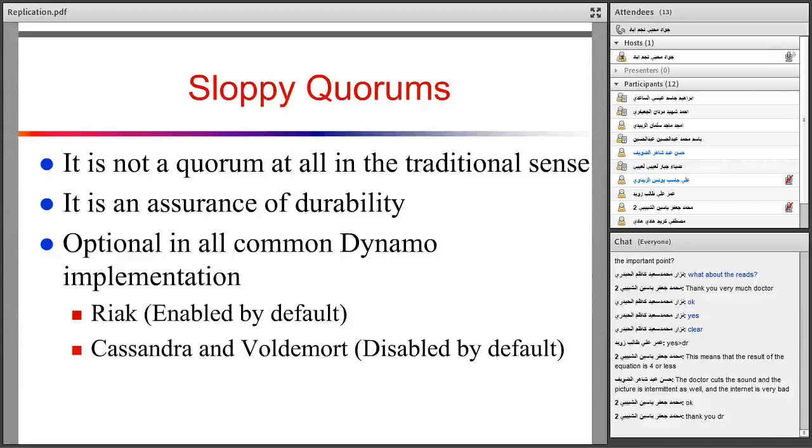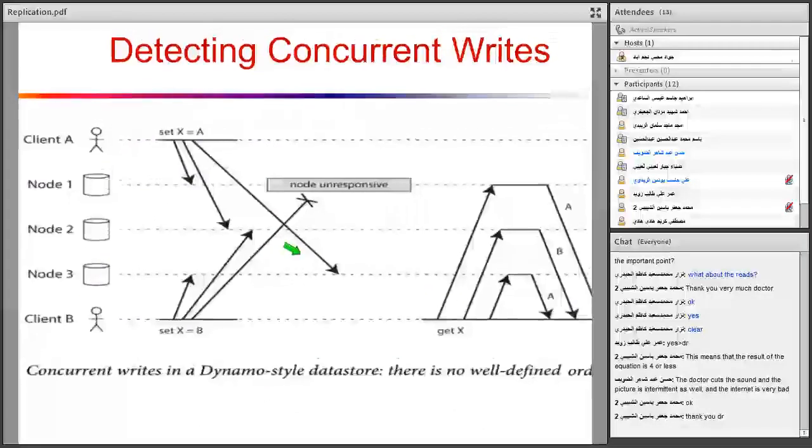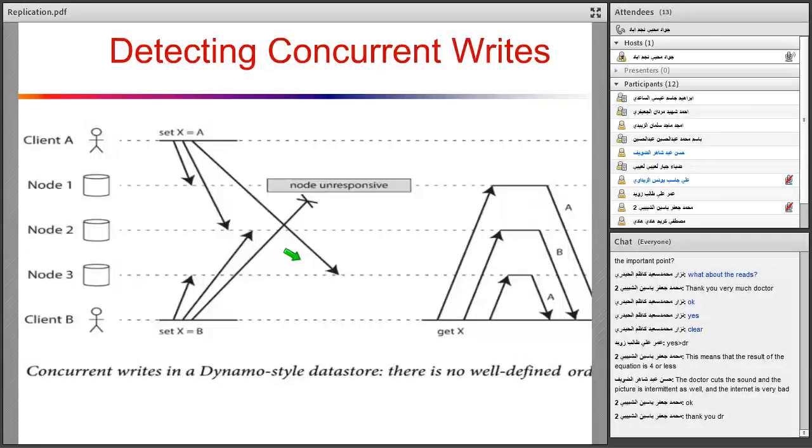It's enabled by default in Riak, but it's disabled by default in Cassandra and Voldemort, and we can enable the sloppy quorum there. Okay, I know that the time is over, and I cannot talk about detecting concurrent writes today. So, inshallah, in the next session I'll talk about detecting concurrent writes.